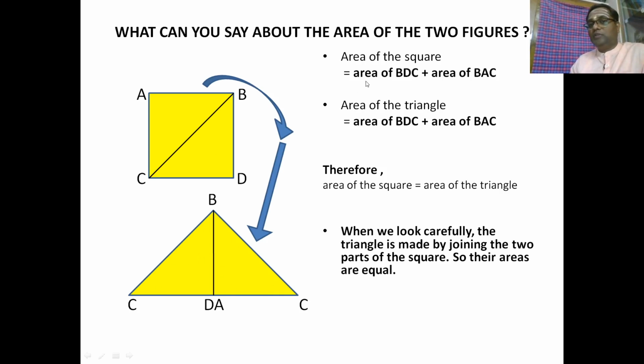Since both are equal, the area of this square is equal to the area of the triangle. I have just cut the square into two equal parts, and I have attached one part taking it down like this here. Okay.